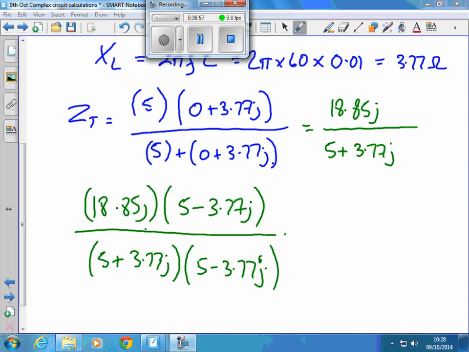And what happened here? The result of this is always that the J disappears, and the result is this number squared plus that number squared, a constant.